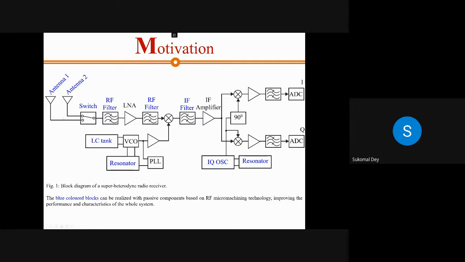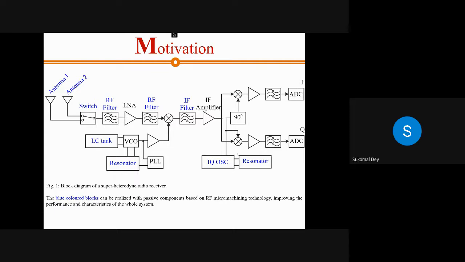Now, the blue colored blocks have already been realized using radio frequency micromachining technology. If you can replace the conventional filters with MEMS based filters, or the conventional phase shifter with a MEMS based phase shifter, you will see a huge improvement in performance. What those improvements are, we are going to see today.